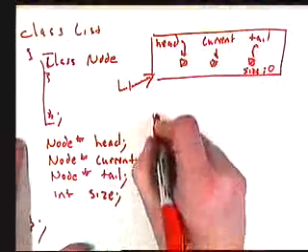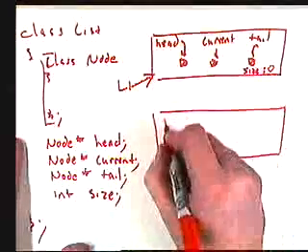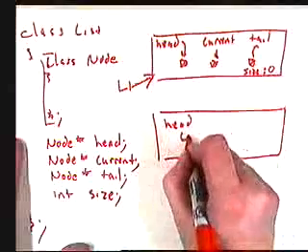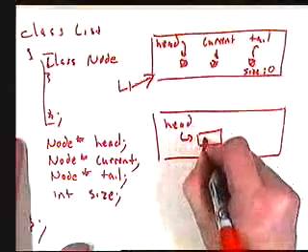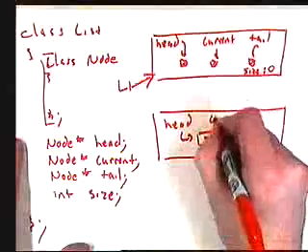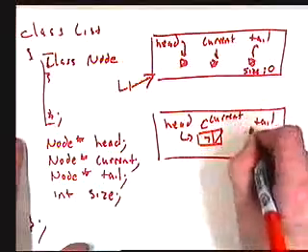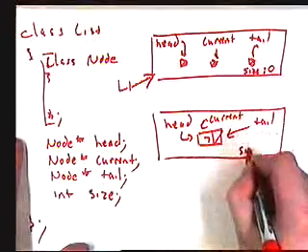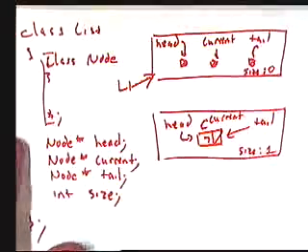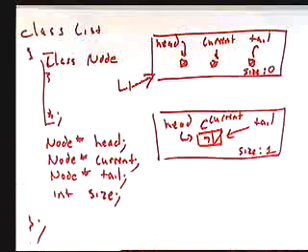Then of course that first element would be simultaneously the head and the current and the tail of the list, and your size would be 1. And then you can, of course, change head and current and tail as you add more elements.